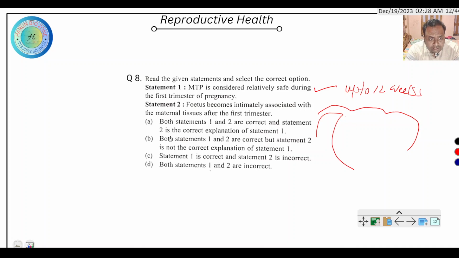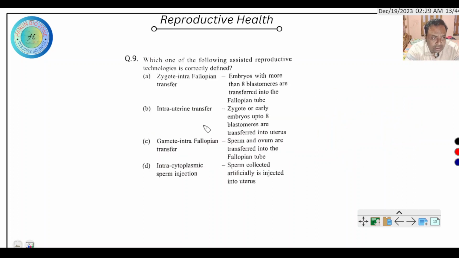The fetus becomes intimately associated only 8 to 10 days after the first cleavage, when the zygote is implanted in the endometrium wall. This is also a right answer. So both statements 1 and 2 are correct, and statement 2 is the correct explanation of statement 1. Right.